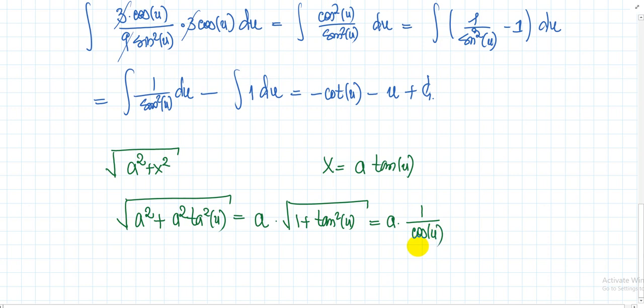Because 1 plus tangent square is sine square of u divided by cosine square of u, so if you take the common denominator, it will be 1 over cosine of u. You can get rid of the square root, okay?